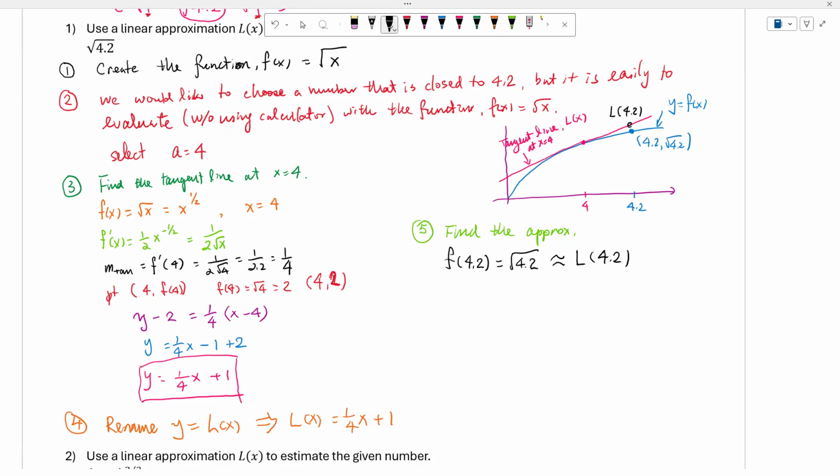And then what is L? Function L is 1/4 times 4.2 plus 1. So in this case, I have 1.05 plus 1, so it is equal to 2.05.